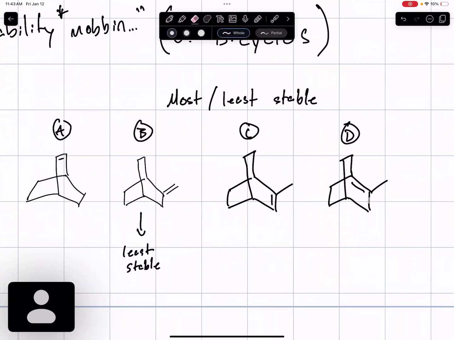So since this in pink is a bridgehead carbon, we don't count that. Do you see what I'm saying? It's a small little footnote in your textbook, but you wouldn't count this as more stable because you're not counting the bridgehead carbon.